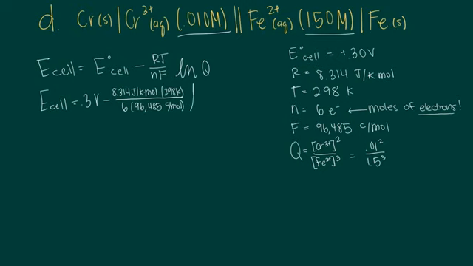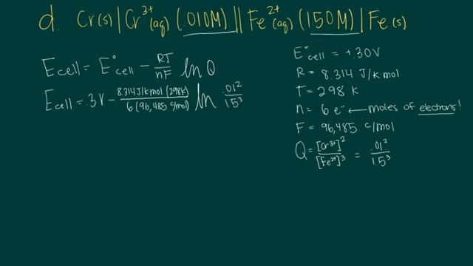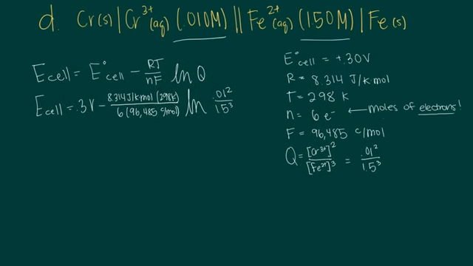And that is going to be multiplied by the natural log of 0.01 squared over 1.5 cubed. When we calculate this out, we get that E cell is equal to 0.32 volts.